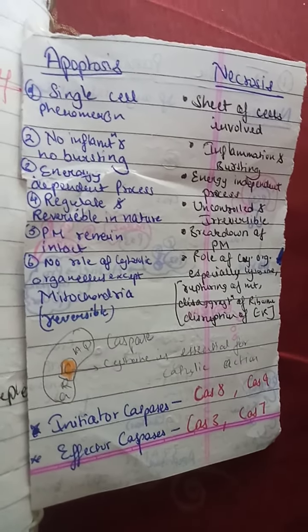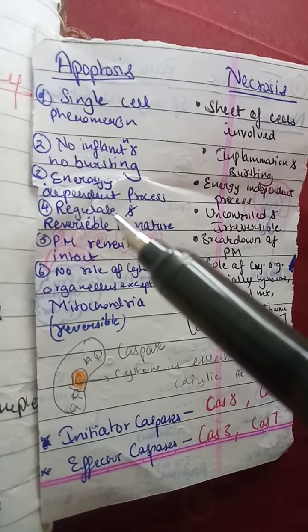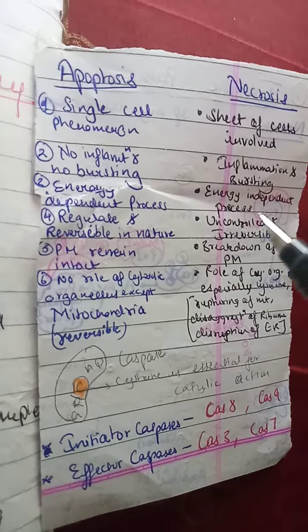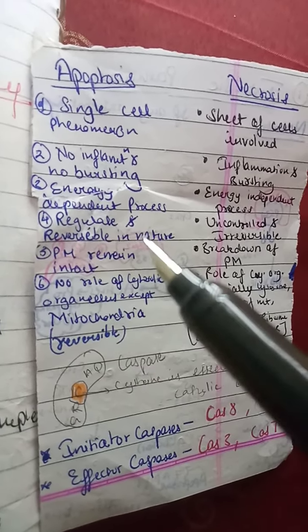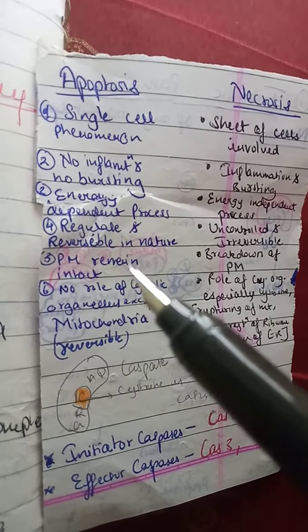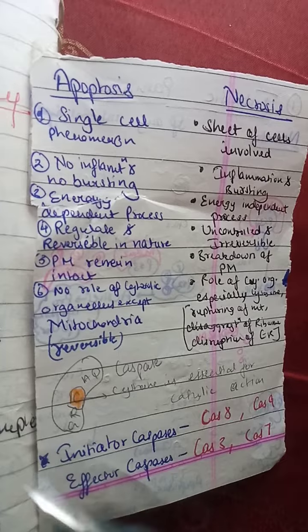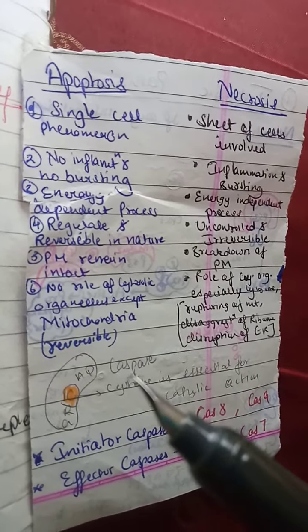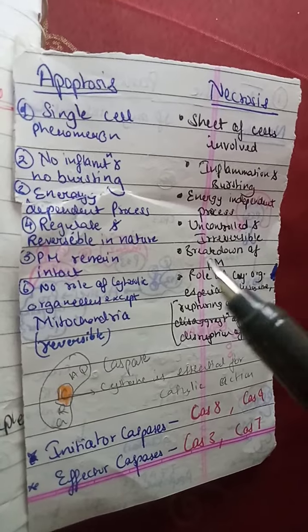I think you can see more clearly now. The third point is that apoptosis is an energy dependent process, and necrosis is an energy independent process. The fourth point is regulation. Apoptosis is regulated and reversible in nature, meaning it can be reverted, and whenever the body requires it, it happens again. Necrosis is uncontrolled and irreversible.